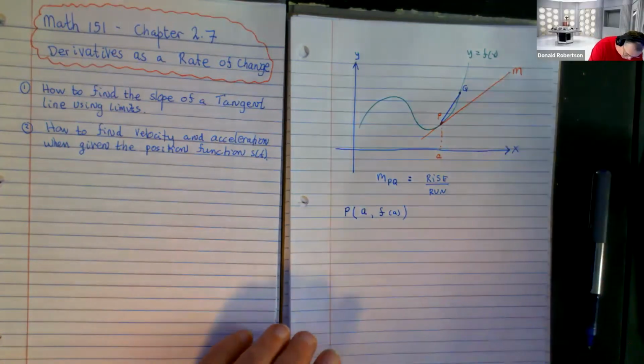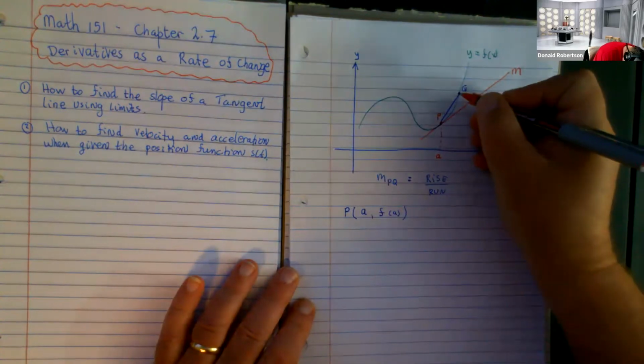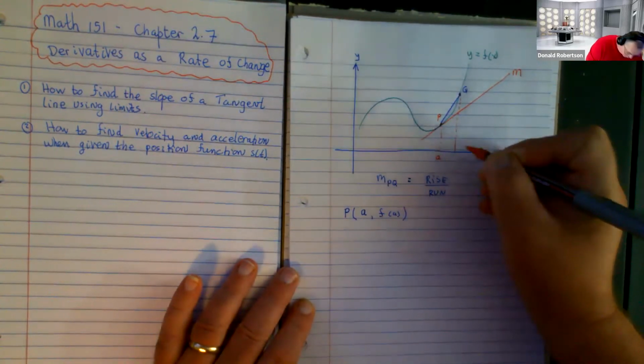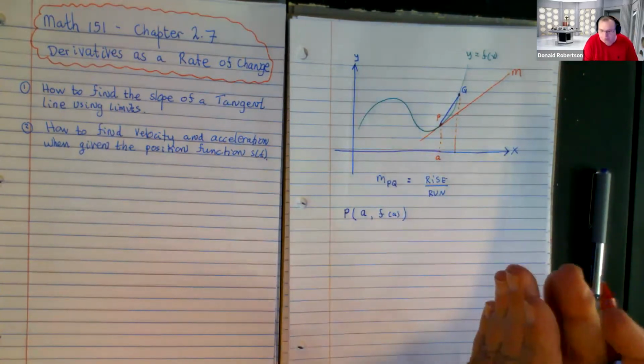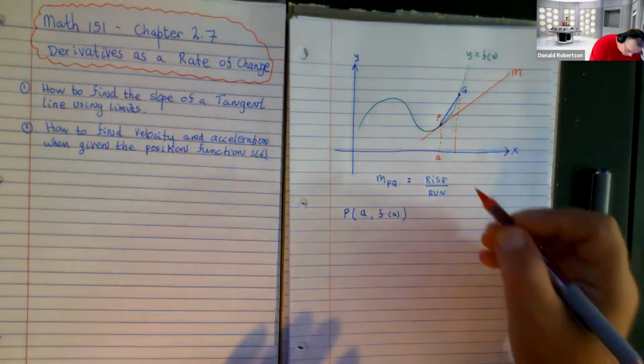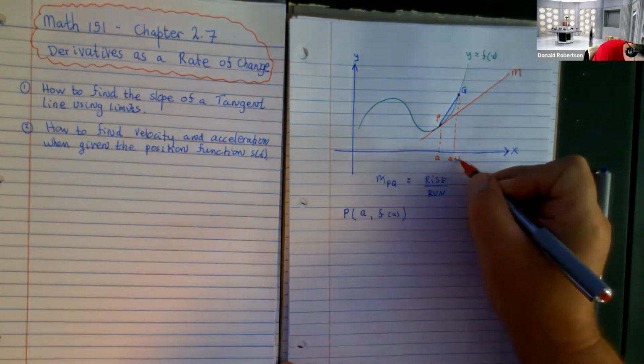Now, what about Q? The x coordinate of Q is some point just a little bit bigger than P. And I'm not going to call it B. I'm actually going to call it something a little bit less obvious.